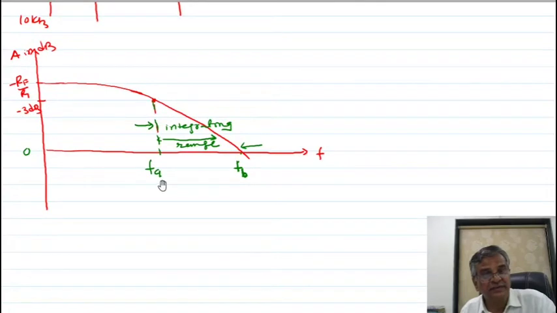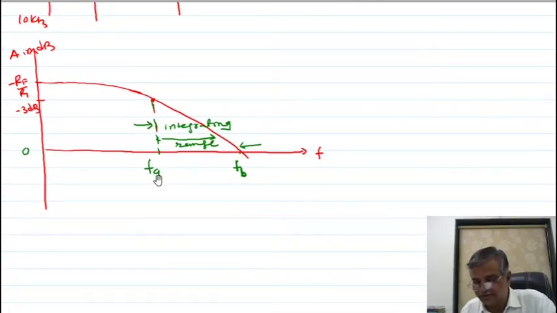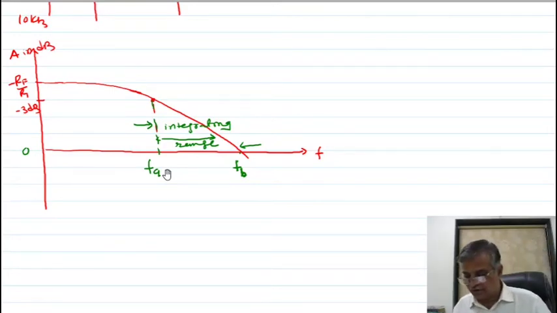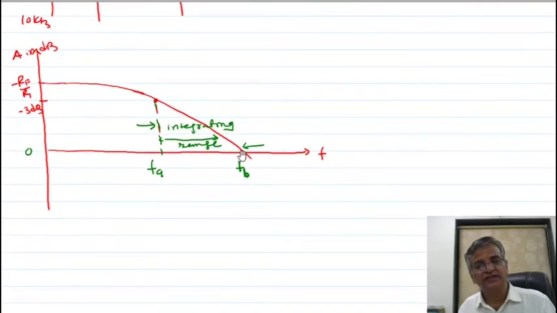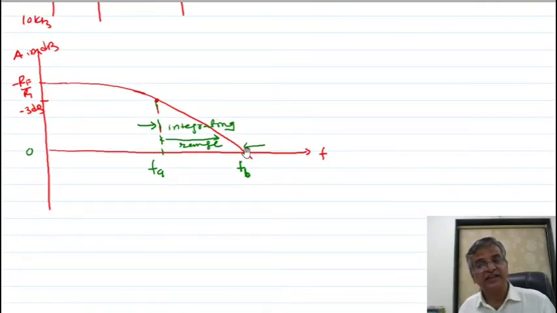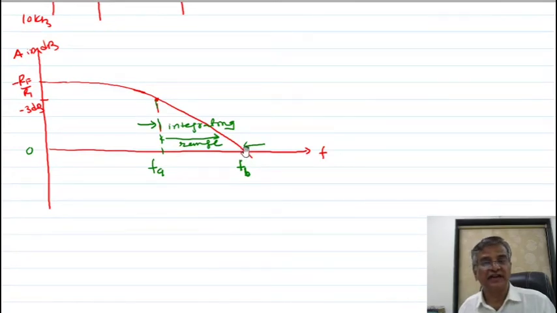This is called the gain limiting frequency, or it is called the break frequency. So this is the frequency at which the gain will be 0. This is the maximum integration, 99% accuracy you will get at this frequency.